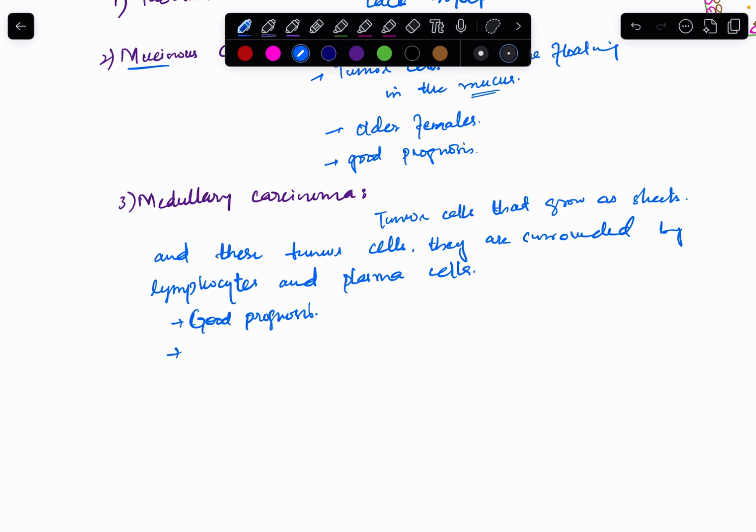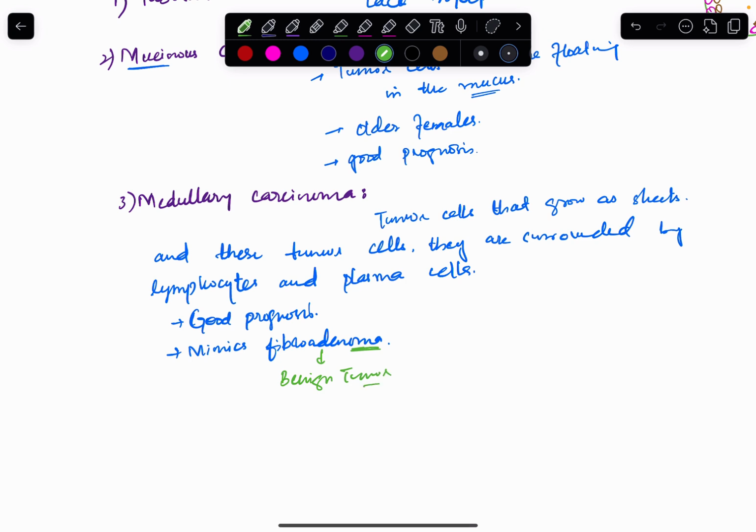And remember one thing, that medullary carcinoma grows as a well circumscribed mass. So it mimics fibroadenoma. What is fibroadenoma? Fibroadenoma is a benign tumor. Oma means benign. It's a benign tumor.